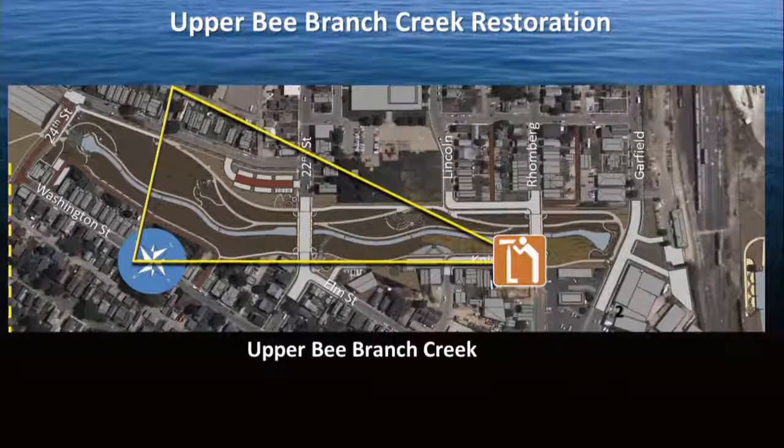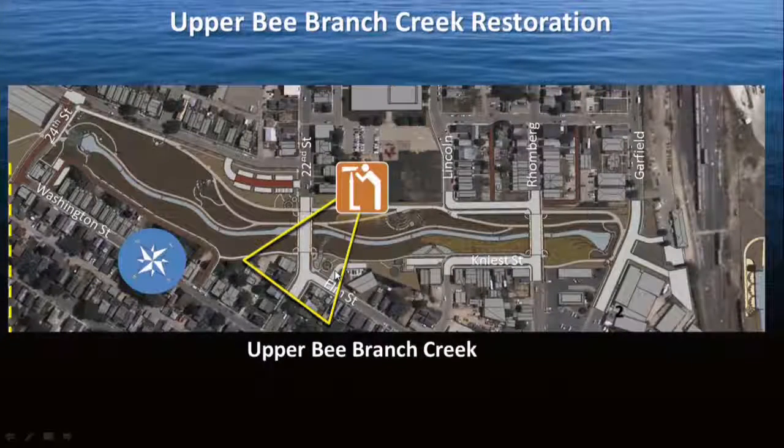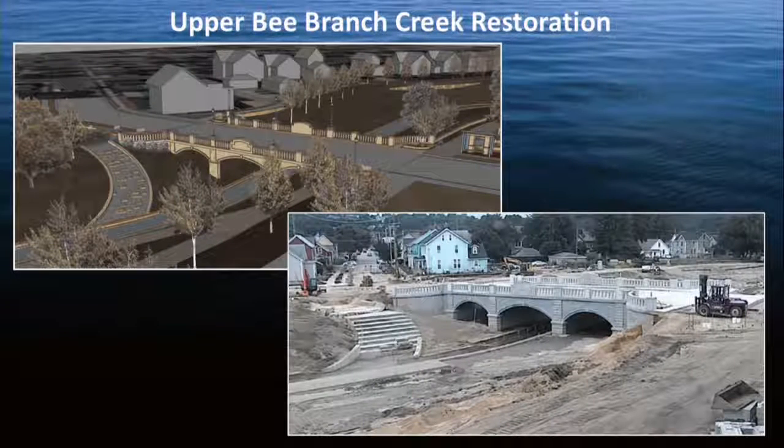Looking upstream towards 22nd Street, you can see the amphitheater is taking shape on the right here. You can see the biofield infiltration basin taking shape, and the 22nd Street bridge. Getting closer to 22nd Street, looking up 22nd, you can see the bridge taking shape.